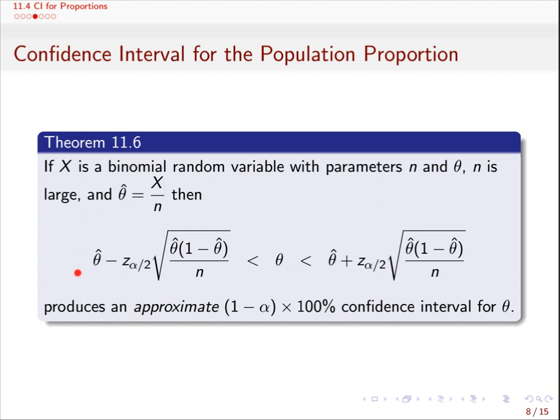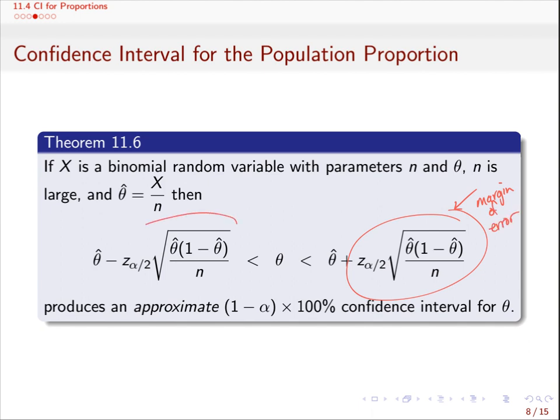Our lower confidence limit is our estimator theta hat minus the margin of error, which is z alpha over 2 times the square root of theta hat times 1 minus theta hat over n. And the upper confidence limit is theta hat plus that margin of error. So remember, this is called our margin of error.